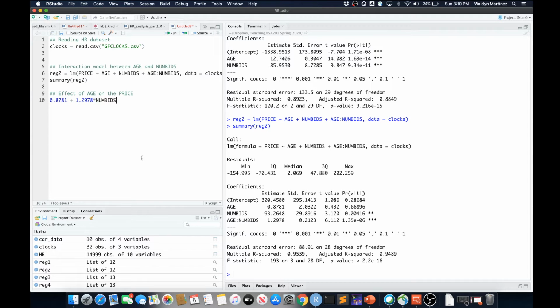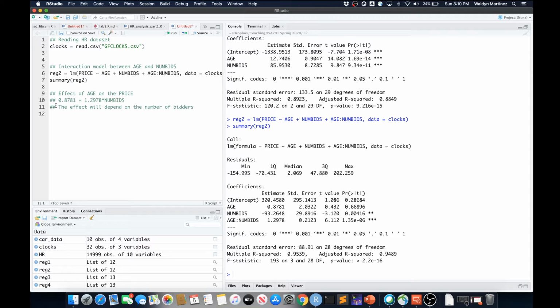So the effect will depend on the number of bidders.